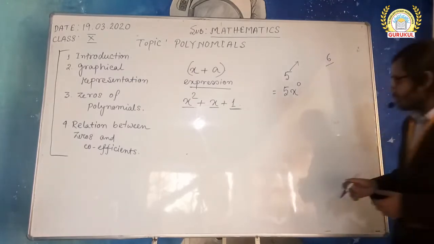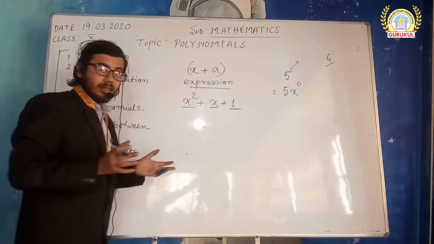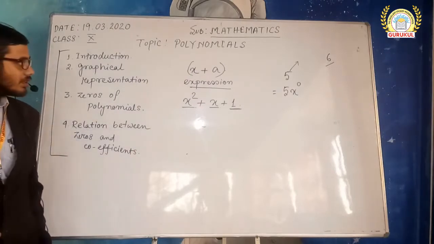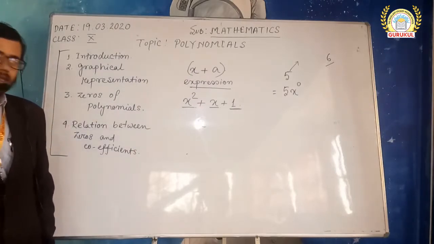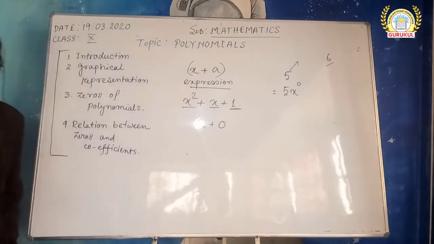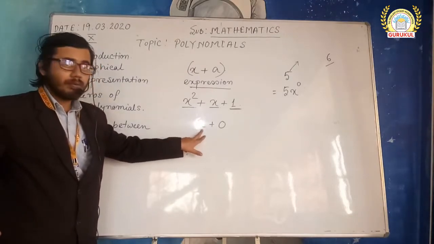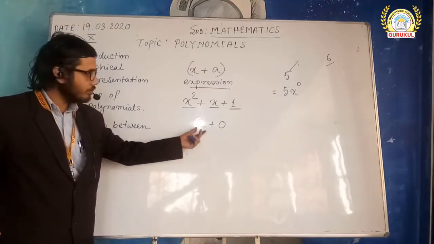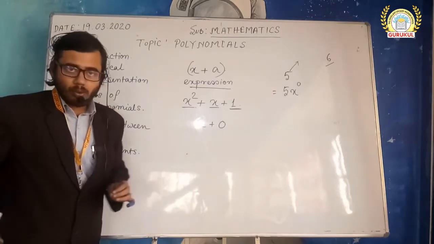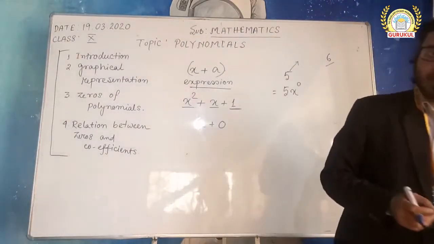So that's why we don't normally say 5 or 6 is a polynomial, we directly say this is a constant. Now if I write only x, no constant part is there, is this a polynomial? Yes, why not? x plus 0. What I said earlier, the mix of variable and constant: this is variable, this is constant. So if I write only the variable or only the constant part, that is also a polynomial.